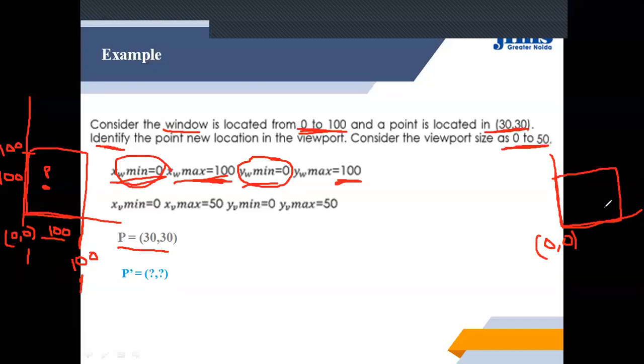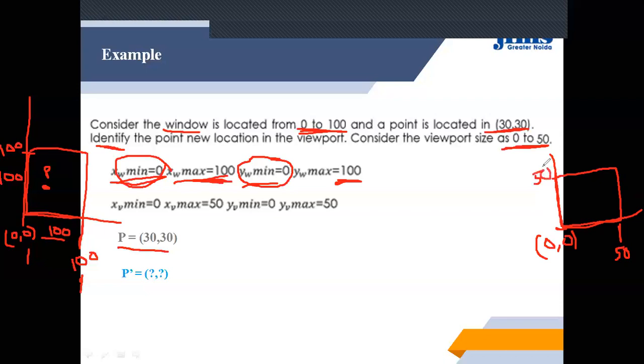We have to find out the value of max coordinate xv max, so this will be 50, and the y coordinate also, so the length is 50 and the minimum coordinate is 0, so this will also be 50.